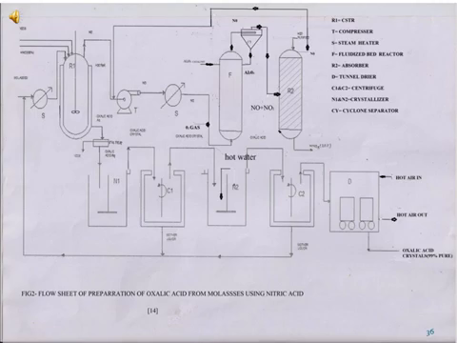Now you can see at the lower side N1, C1, N2 and C2 boxes, where N1 and N2 are crystallizers, C1 and C2 are centrifuges, and the last one you can see is the capital D box, which is a tunnel dryer. Oxalic acid is obtained from the tunnel dryer as crystals, almost 95% pure.